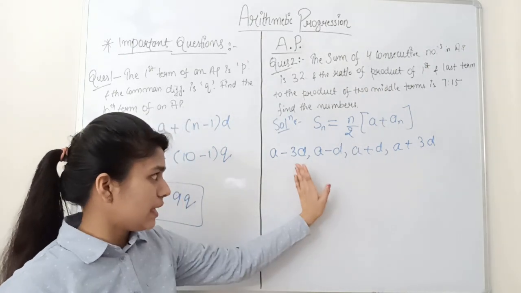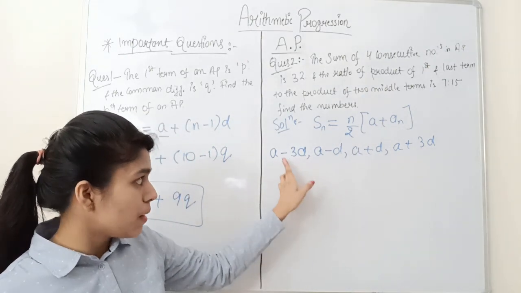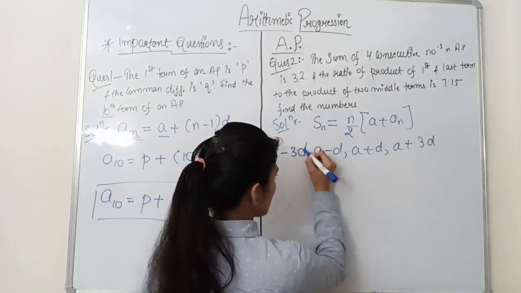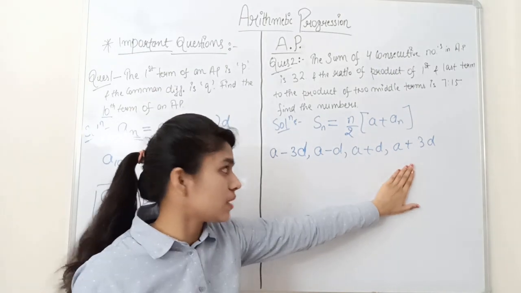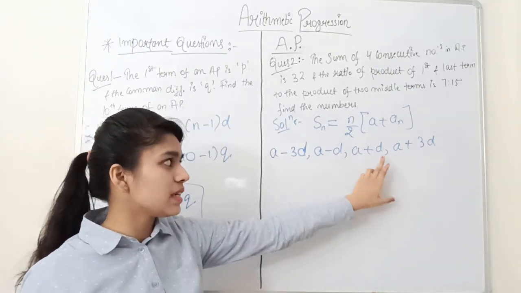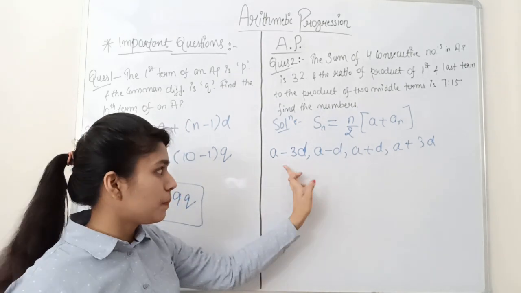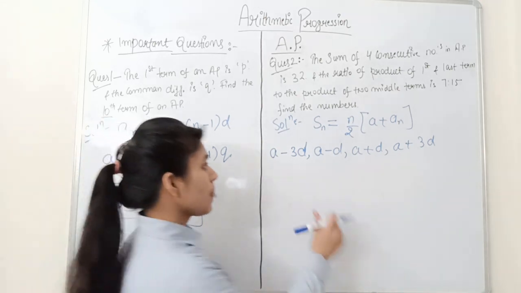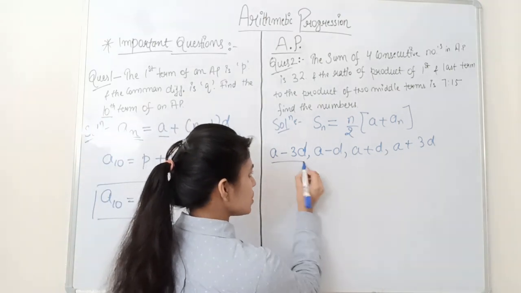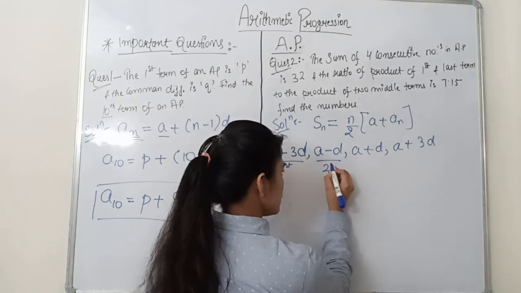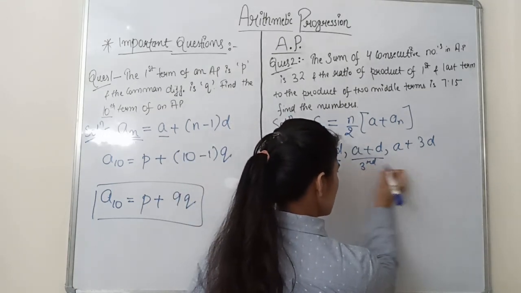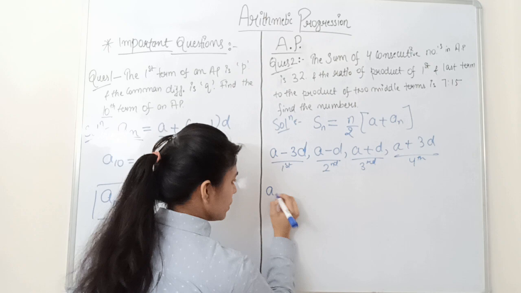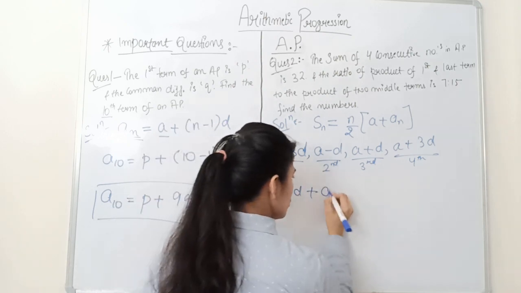We have assumed these 4 terms because minus 3d and plus 3d will cancel out when we sum these terms, and minus d and plus d will also cancel out. So when we sum these 4 terms, what will be the output?